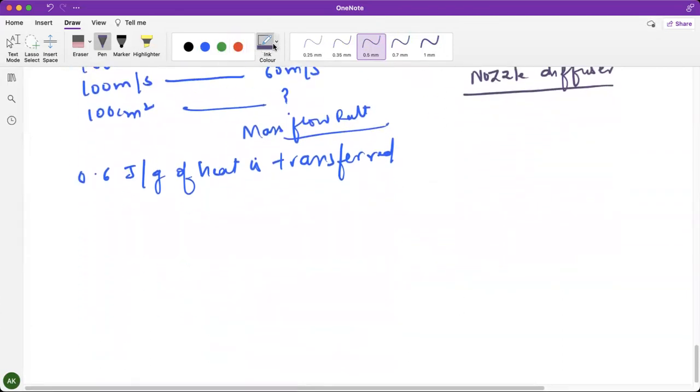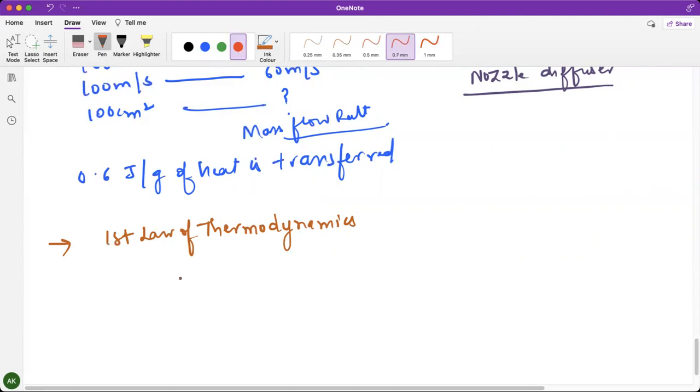Now, for solving this question, we know the statement of first law of thermodynamics. According to the first law of thermodynamics, we have heat transfer plus shaft work is equals to change in enthalpy plus change in kinetic energy plus change in potential energy.